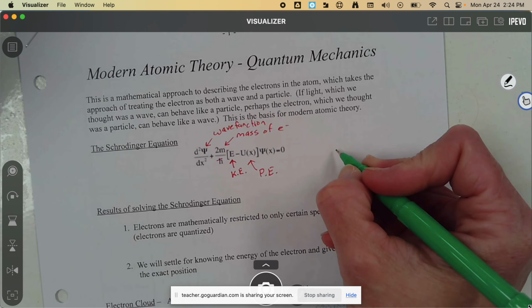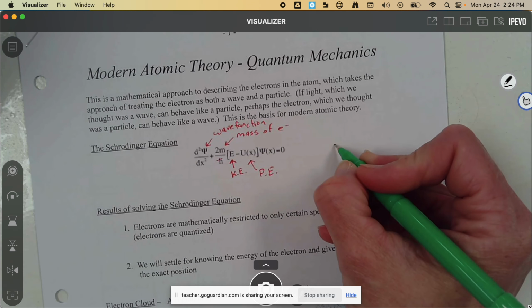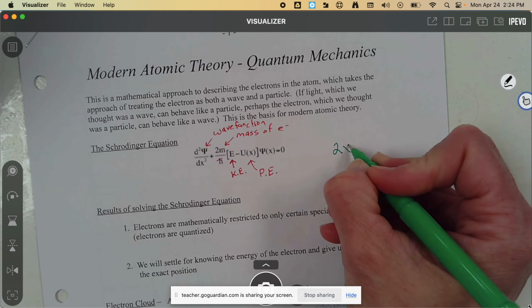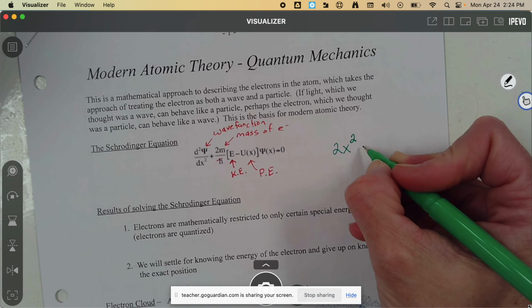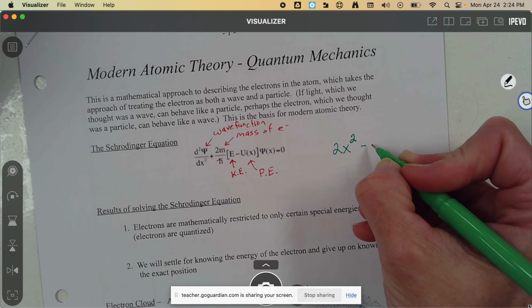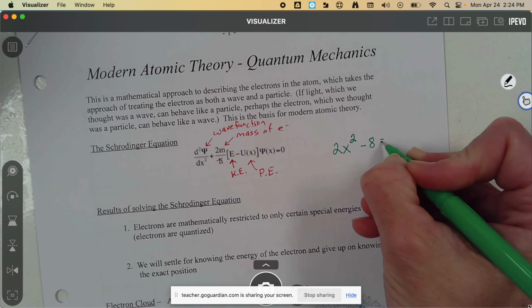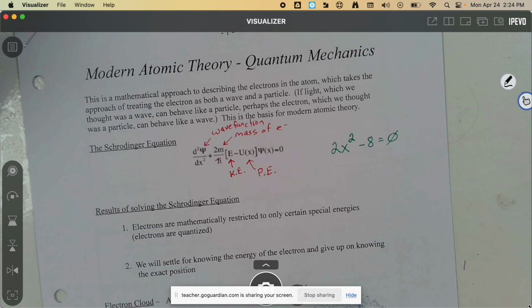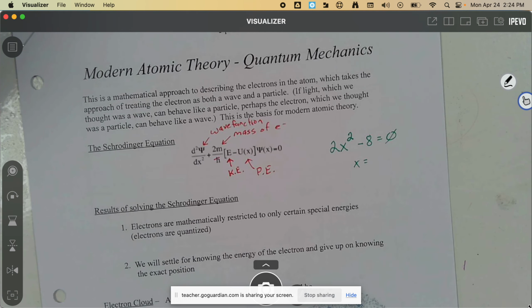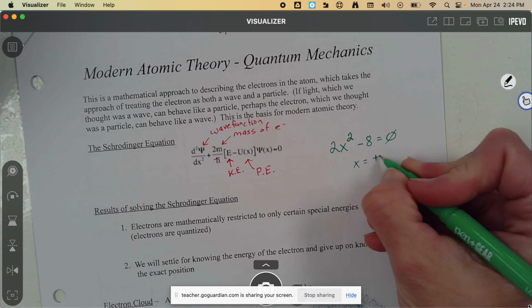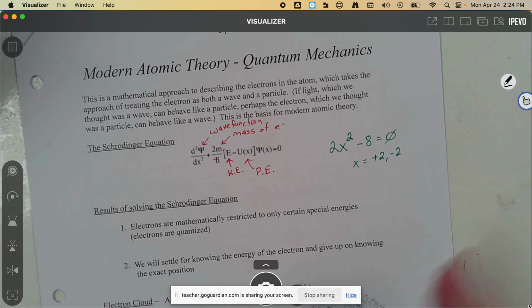Let's go really simple. Let's say you have the expression 2x squared minus 8 equals 0. What can x be? It can be positive 2 or negative 2.